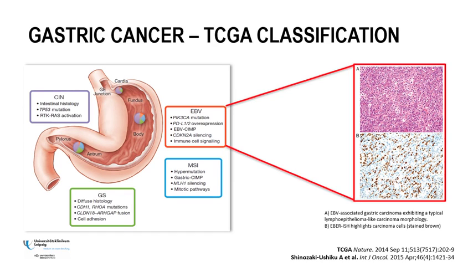Indeed, the EBV positive type of gastric cancer often exhibits a typical lymphoepithelioma-like carcinoma morphology with infiltration of many immune cells. Also, in this subtype of gastric cancer, PD-L1 and PD-L2 overexpression is frequently found, and immune cell signaling is activated together with some other molecular alterations which are typical for this subtype of a very immunogenic gastric cancer.